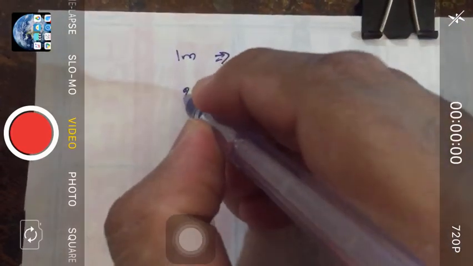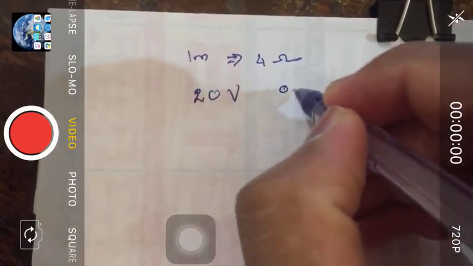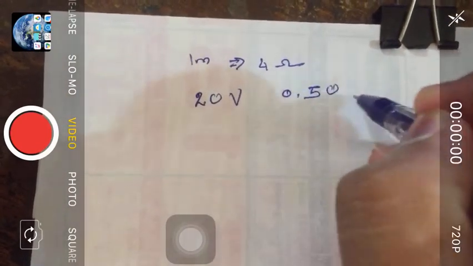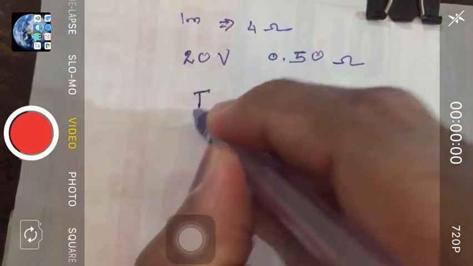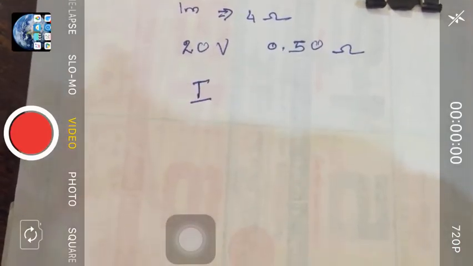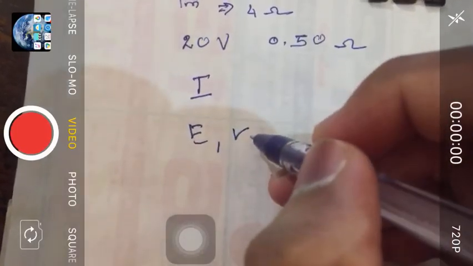The EMF of the cell is 2 volts, and bad news, it has internal resistance 0.5 ohms. The current through the cell is I. Cell B has EMF E and internal resistance R. The current through the cell B is made 0.